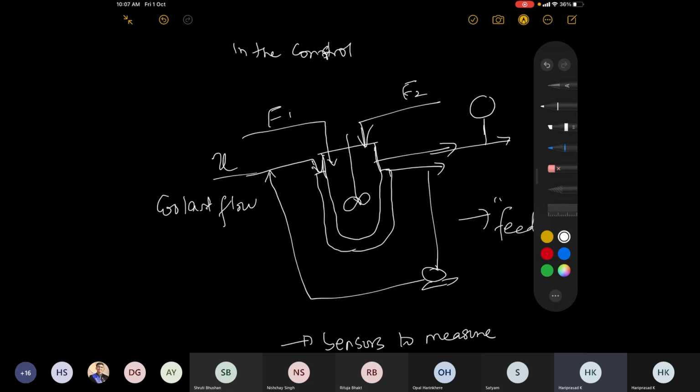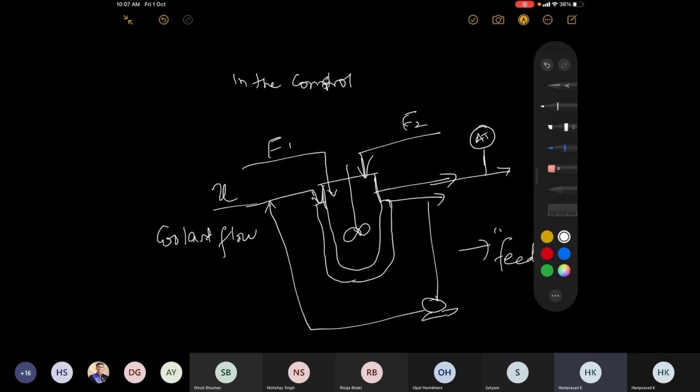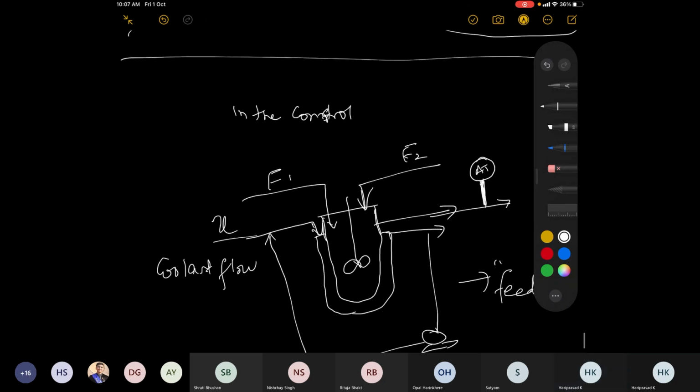You draw a line, you make an analyzer transmitter. Till this point it is a hard line, piping. This analyzer transmitter might go to an analyzer controller, so this will become an electrical line. This is piping. This is signal, in fact an electrical signal.